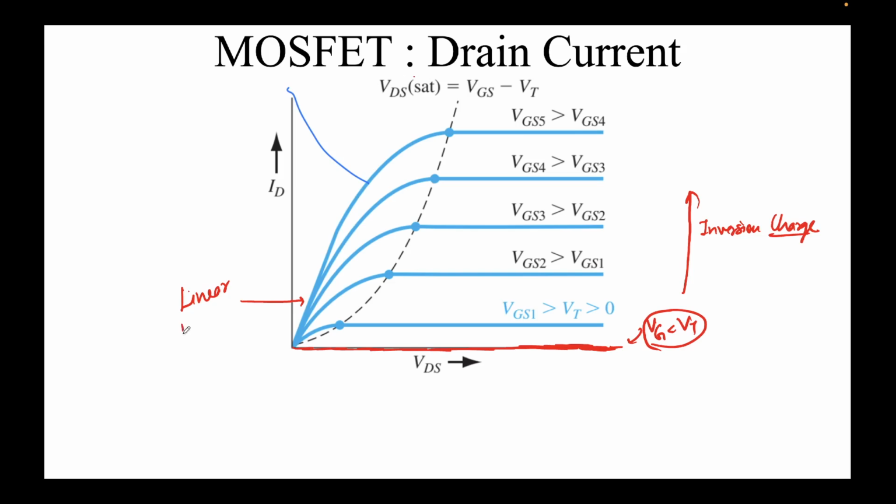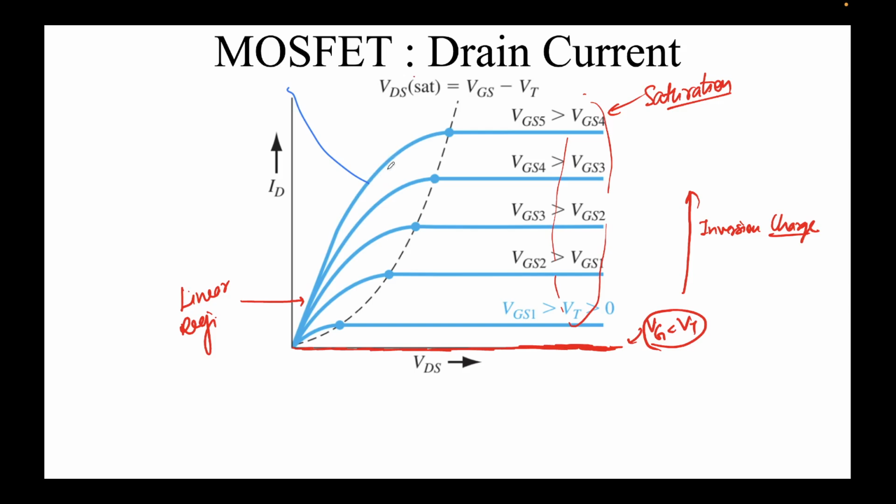This is the linear regime, and what we have over here is the saturation regime. As we had seen, the saturation regime is important for a constant current source. The in-between regime is what happens in the device, but we usually tend to avoid it because it's difficult to handle expression-wise, as there is a quadratic dependence here.